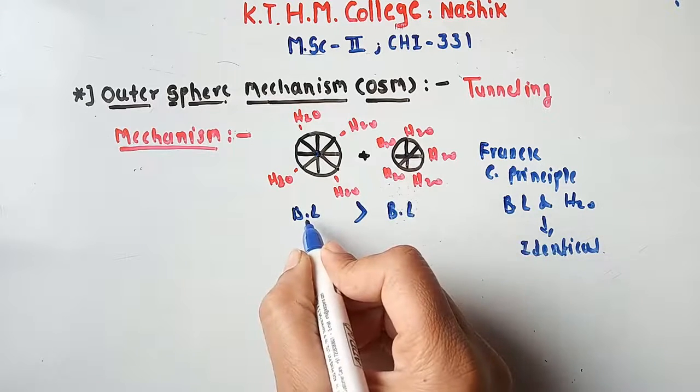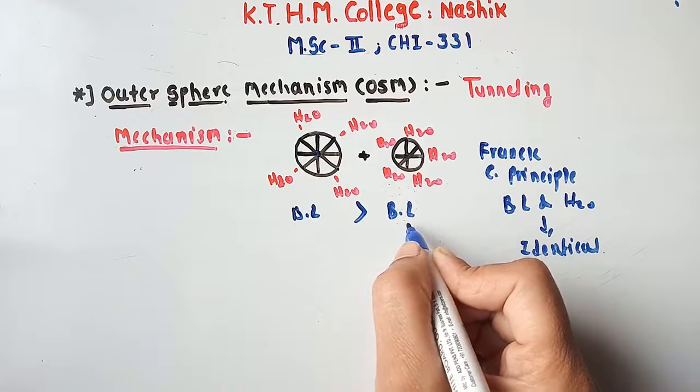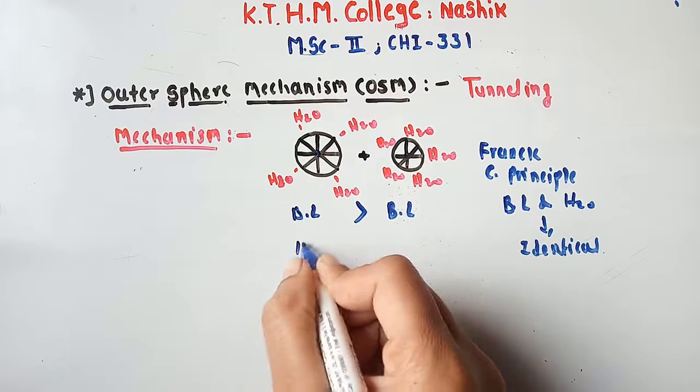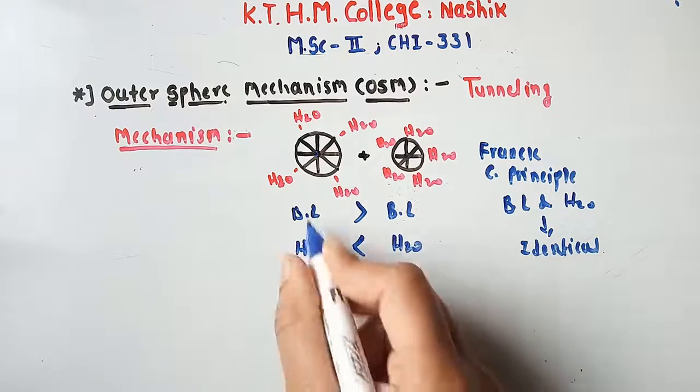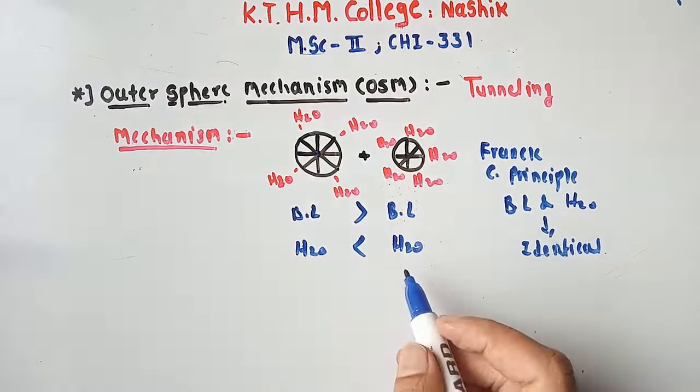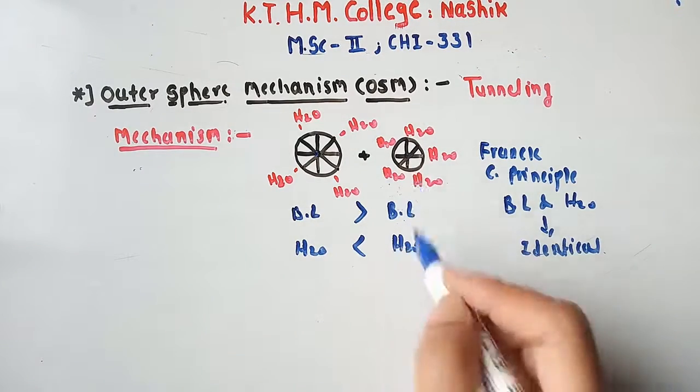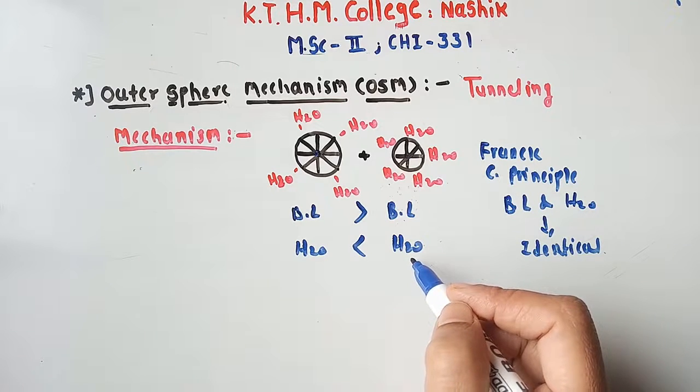Bond length for cobalt 2 plus is large, and less number of water molecules are covered in cobalt 2 plus, while more water molecules are covered in cobalt 3 plus.